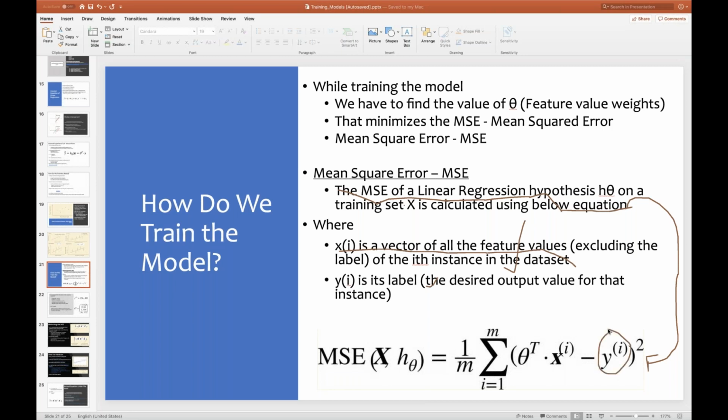Now, you know theta transpose, we discussed earlier. You know x, and now we're talking about x of i. This is the formula. You don't have to worry about anything in this formula. I also clearly told you what happens if a letter is bold and capital, and what happens if the letter is small and bold.